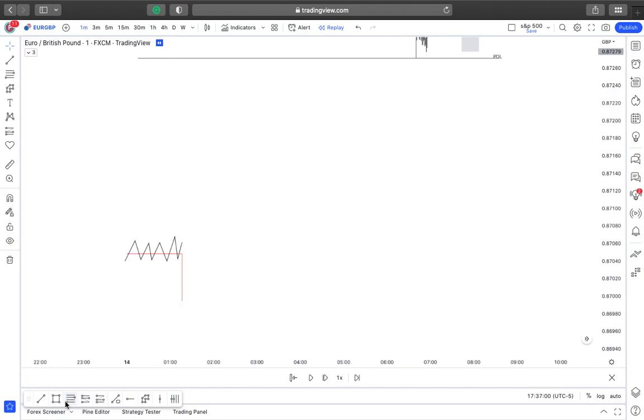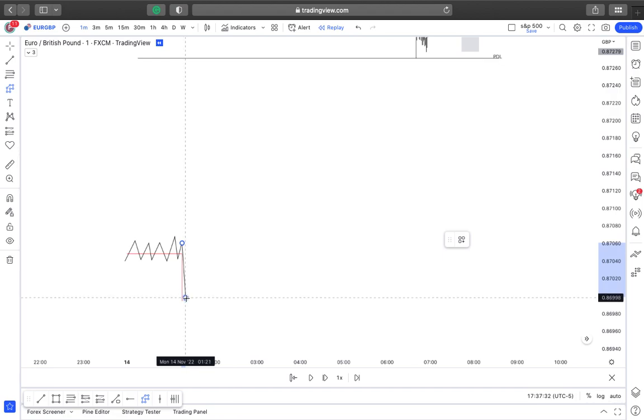Now this is the manipulation where the big hedge funds and banks took out the sellers and all of the sell side liquidity, and they are buying below the retailers, because this is where the retailers would have been buying. This is their support.